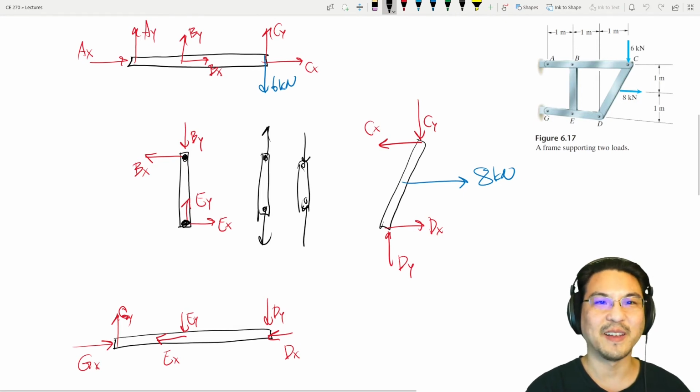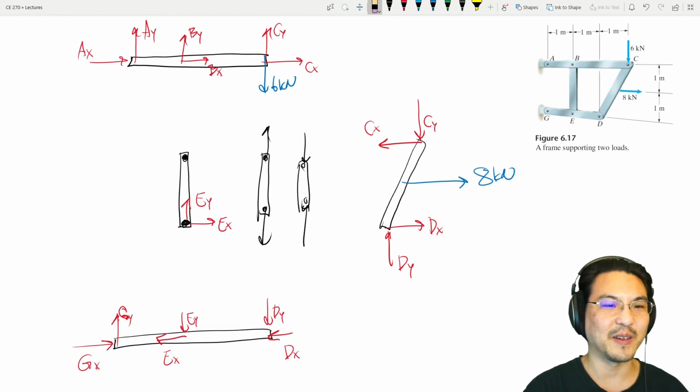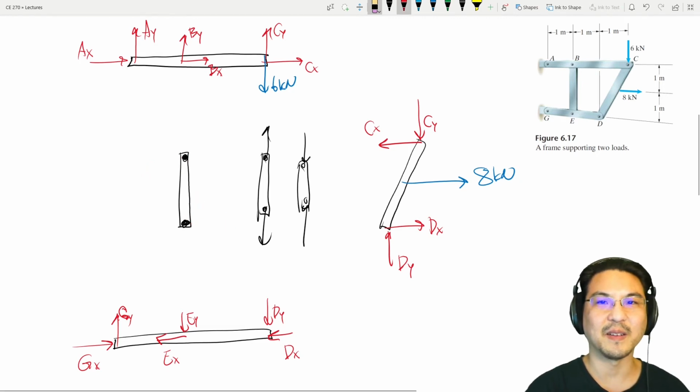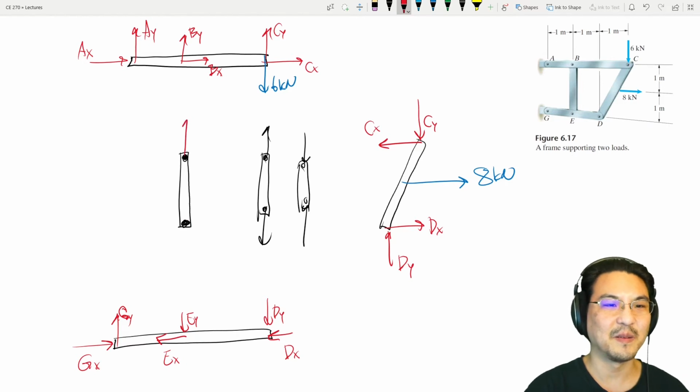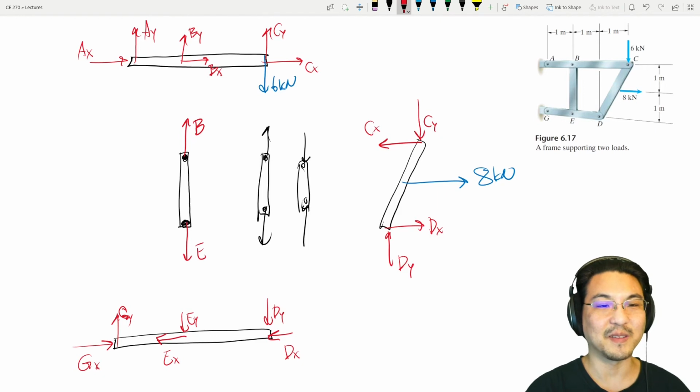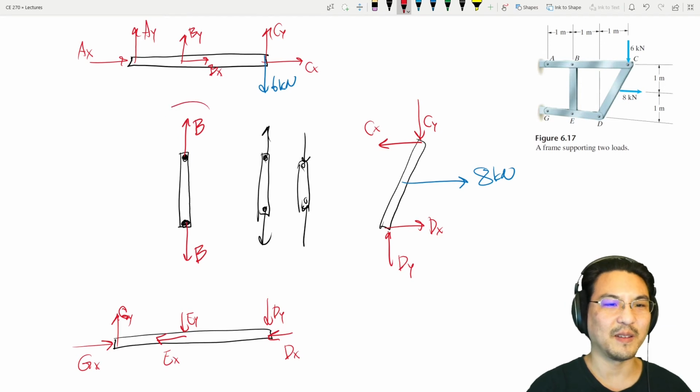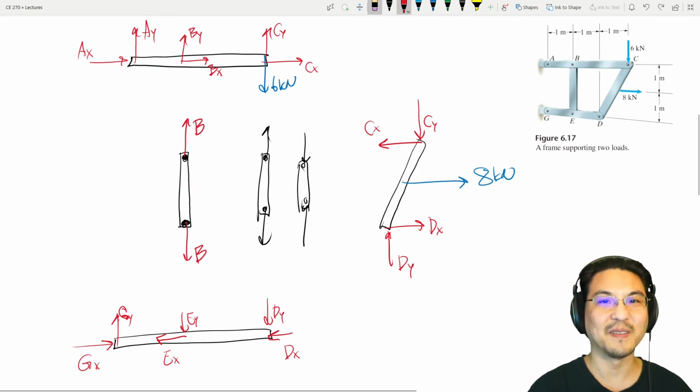So for example, I can replace bx, by, ex, ey with something else. So let's say I just draw it in tension. And I'll just call it B. And this is E, where it's the same magnitude. So I'll just call that B as well. So then if you look here and here, those have got to be equal and opposite.